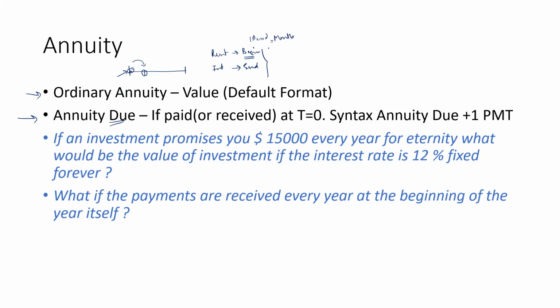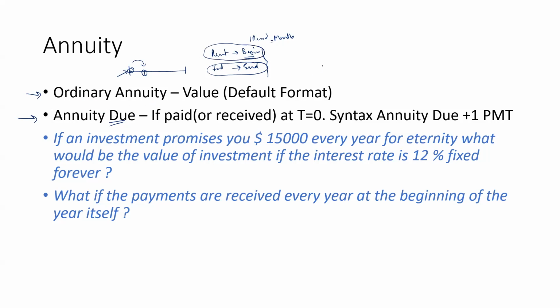So if you pay the rent, you pay at the beginning of the month. If you receive interest from the bank, you receive it at the end of the month. That is the difference between an ordinary annuity and an annuity due. An ordinary annuity is where the cash flow is considered at the end of the period. An annuity due is a cash flow at the beginning of the period.